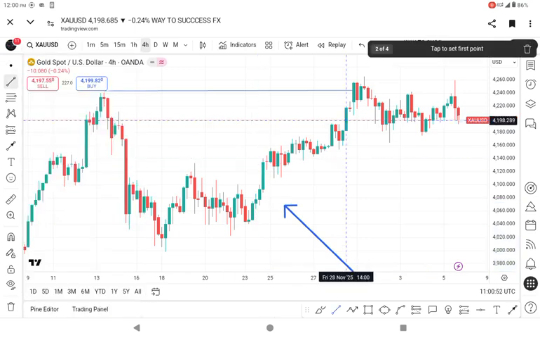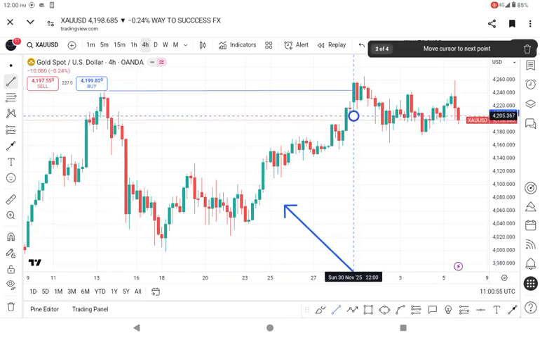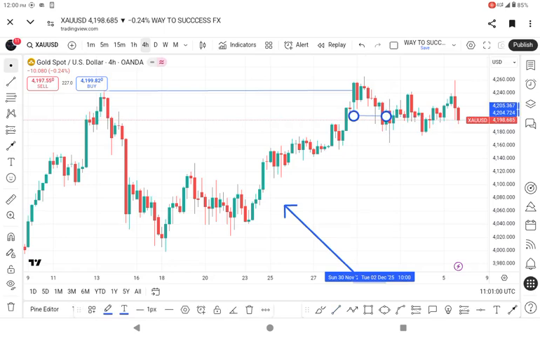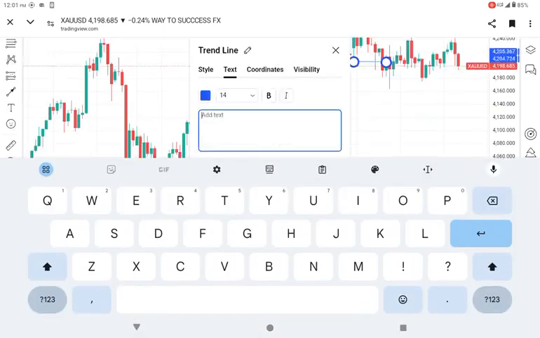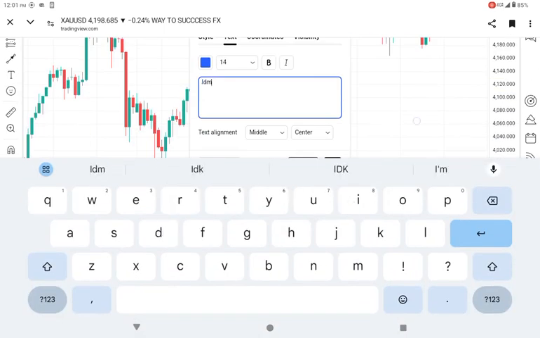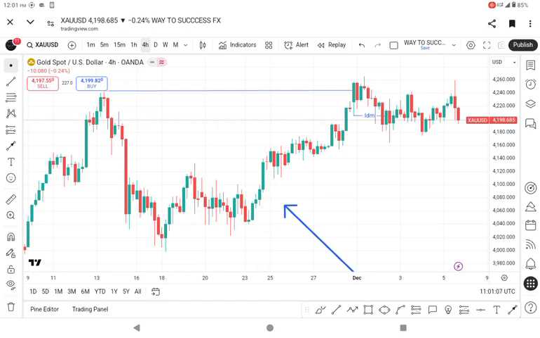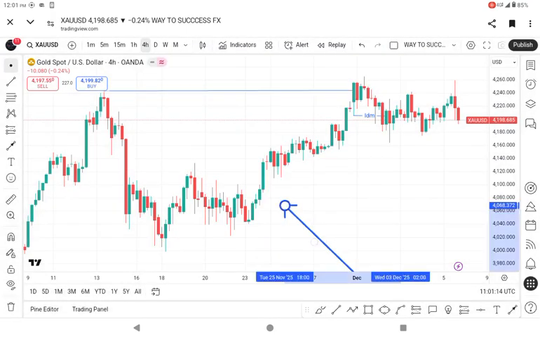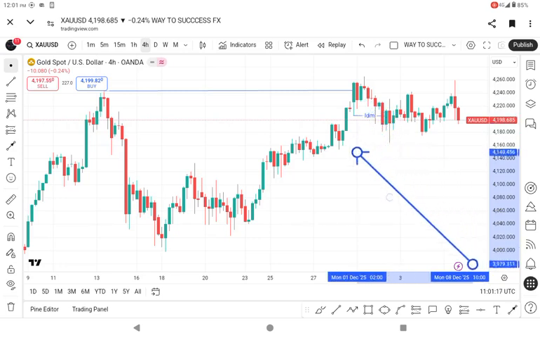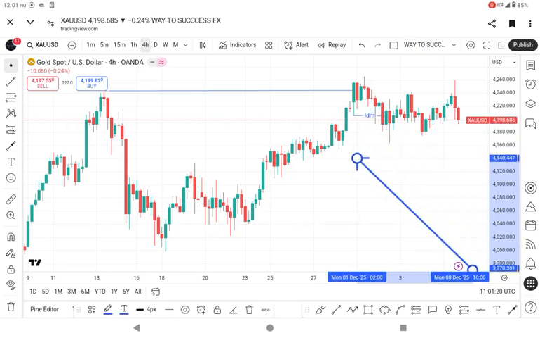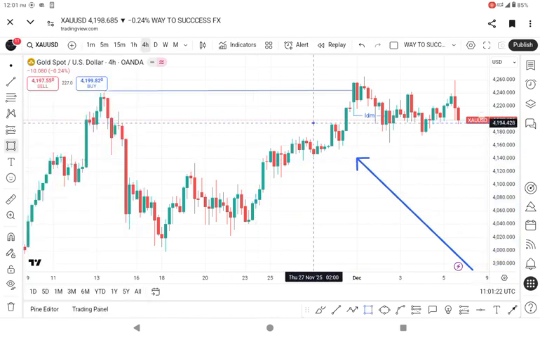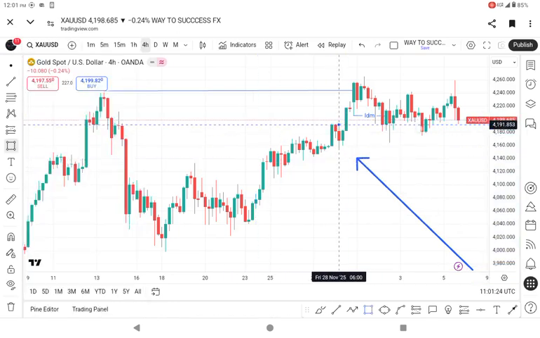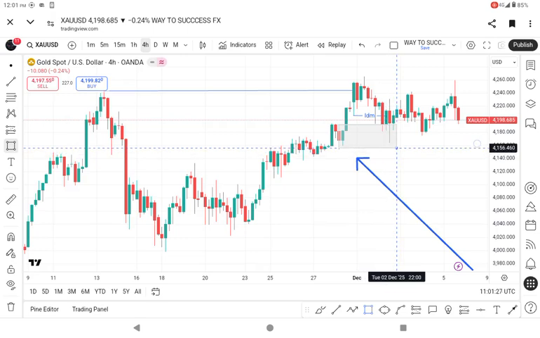So here we have our inducement level. Price took out the inducement before the market closed. Price took out this inducement, tapped into this demand zone here in an attempt to go to the upside, but failed.